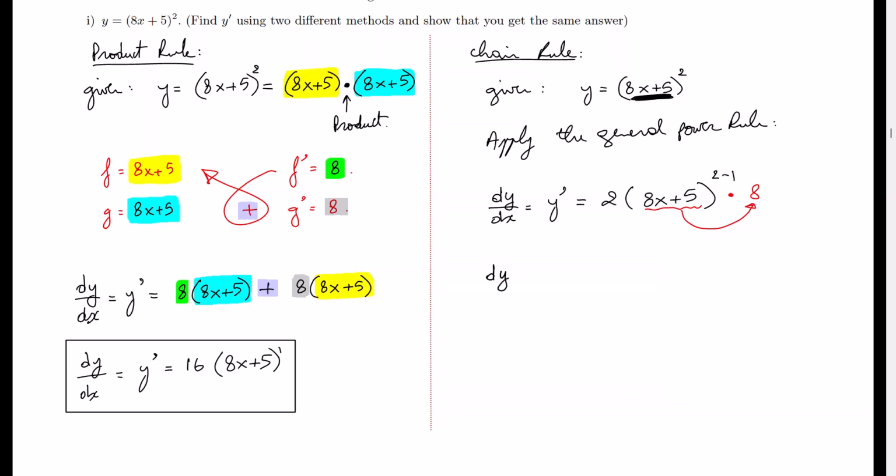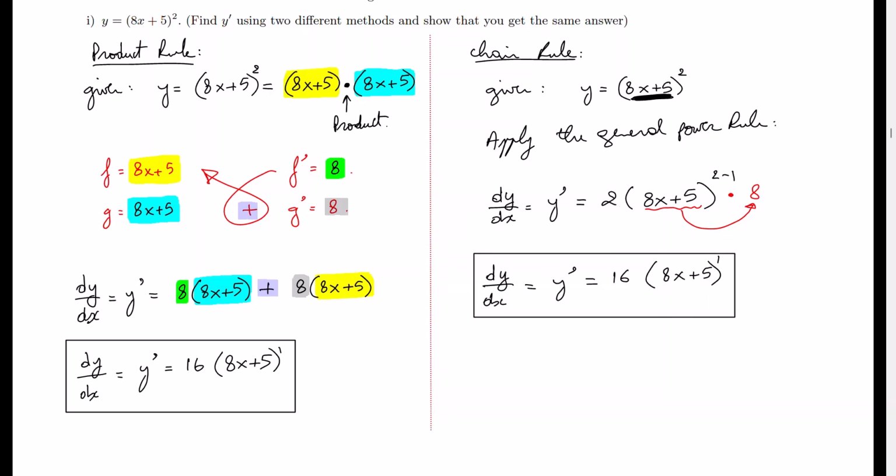So putting it all together and simplifying, the y prime of this problem, the derivative, is going to be 2 times 8, which is 16. My base is 8x plus 5, and the exponent is going to be 2 minus 1, which is simply 1. And so we are done with the question.